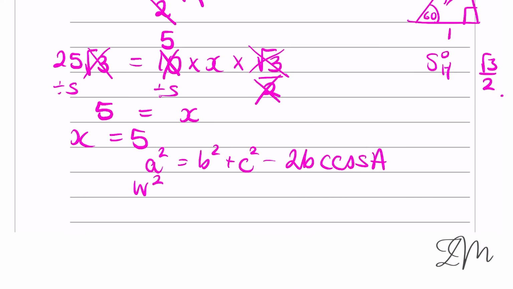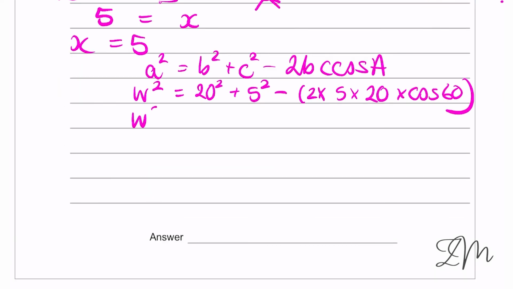So we've got W squared equals 20 squared plus 5 squared minus 2 times 5 times 20 times cos 60. So W squared equals 20 squared, which is 400, plus 25 minus 2 times 5 is 10, times 20 is 200.